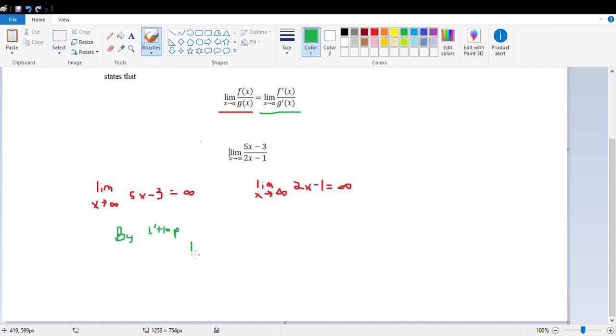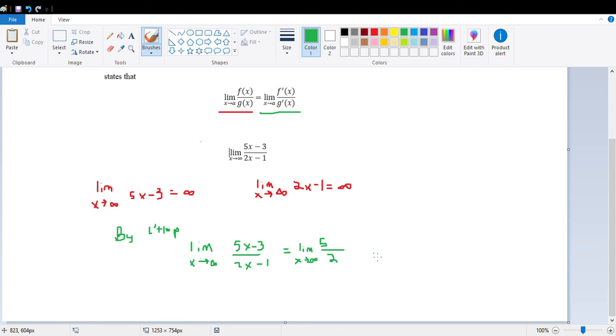I know that L'Hopital's tells me that the limit as x approaches infinity of 5x minus 3 over 2x minus 1 is equal to the limit as x approaches infinity of 5, because that's the derivative of 5x minus 3, the derivative of the top, and then the derivative of the bottom is 2.